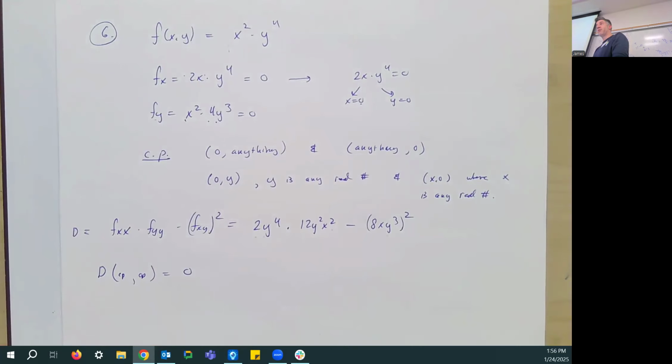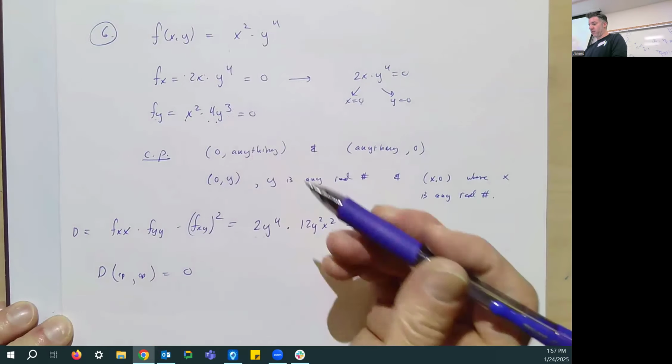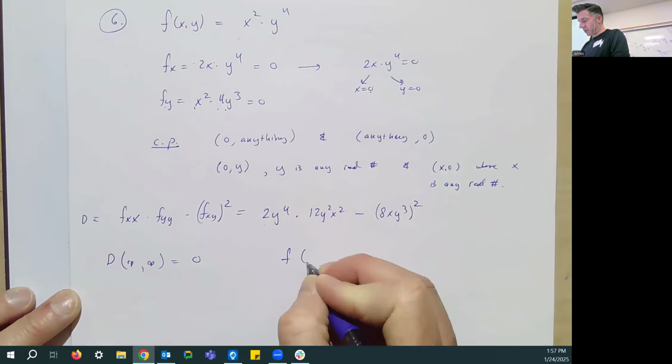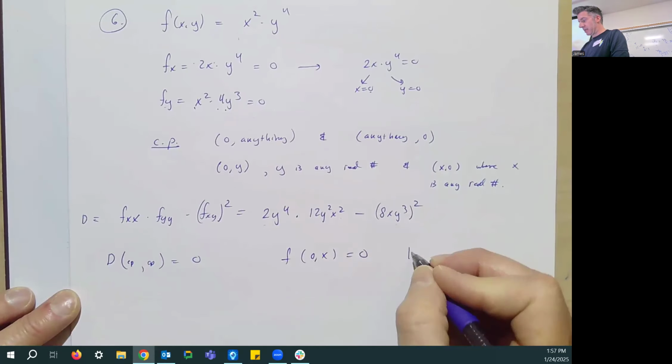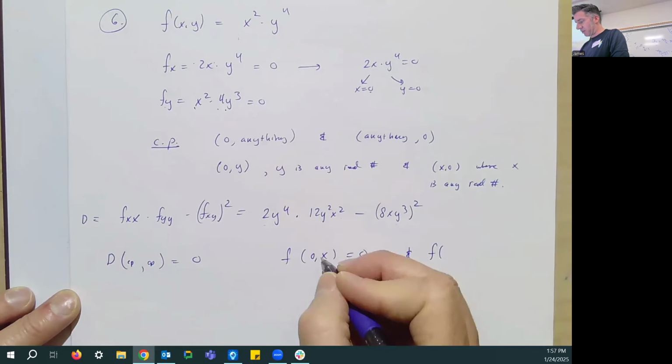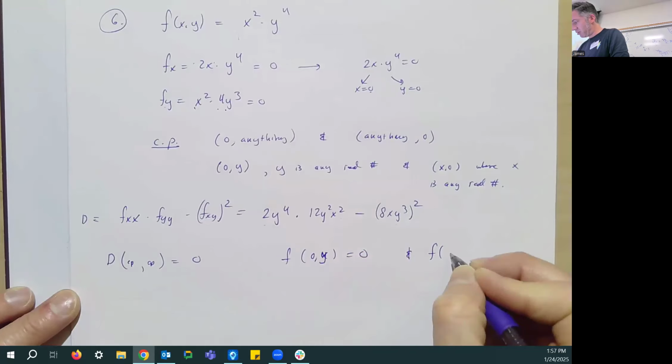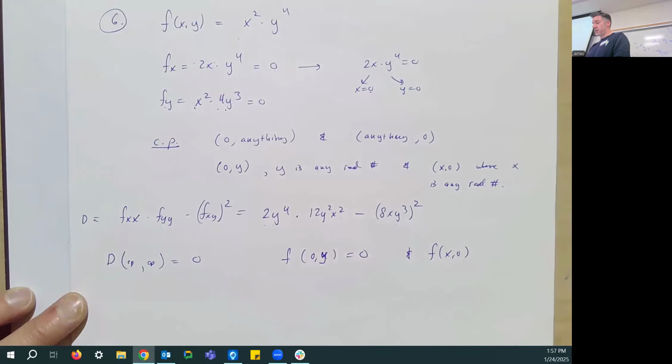However, most of the time when these are inconclusive, you can look at the original function and just kind of reason out whether it's a max or min, usually not a saddle. So I'll point out, if you plug in 0 for x or 0 for y, f(0, y) in the original function is going to be 0, as is f(x, 0). If you plug in 0 for x, you get 0.